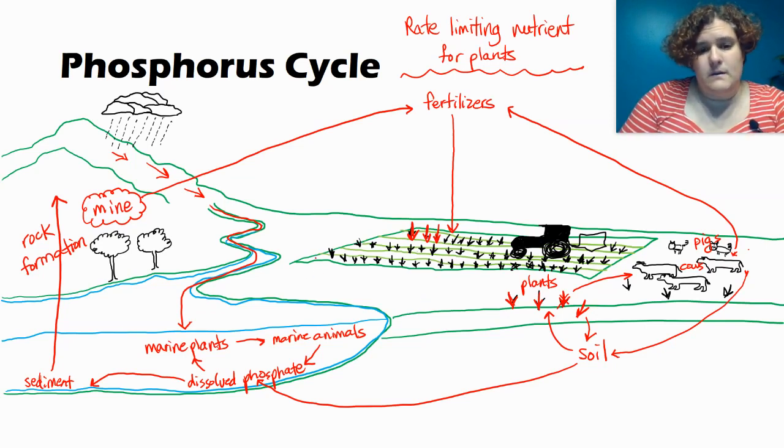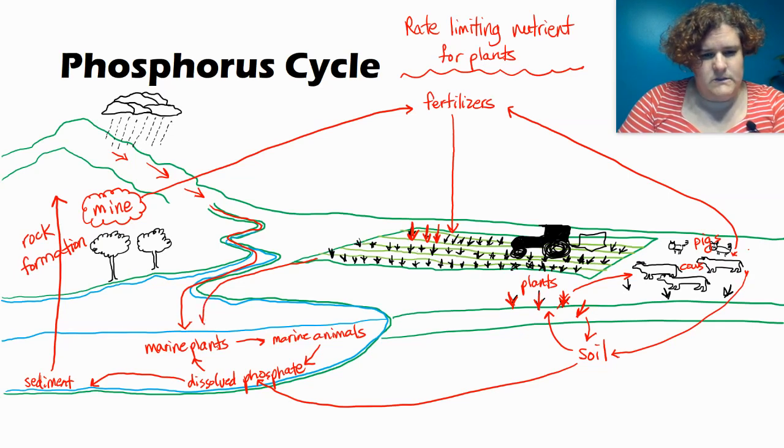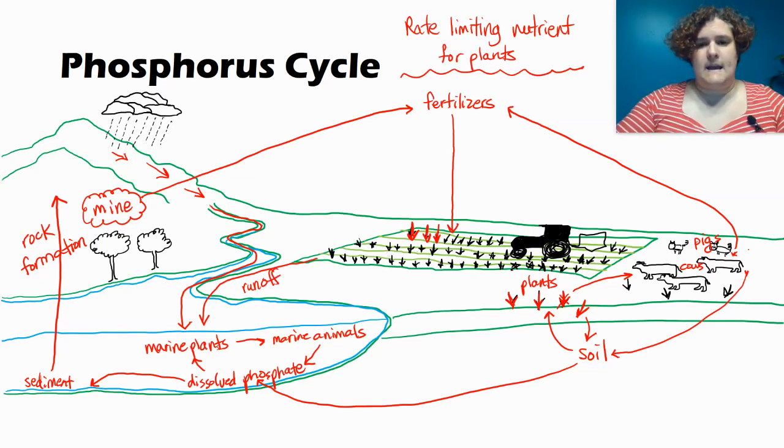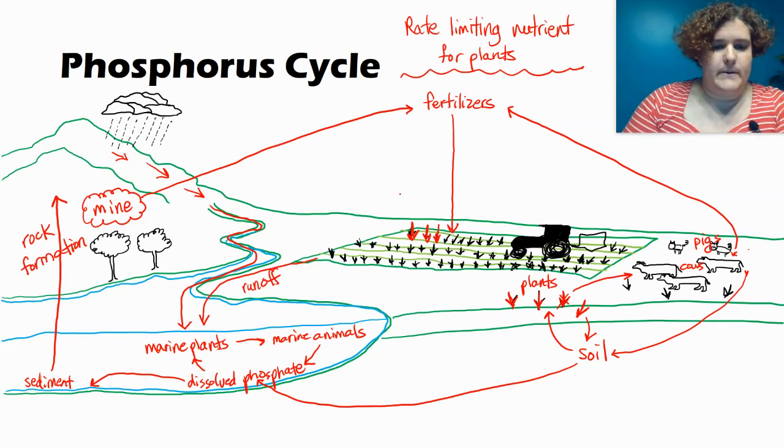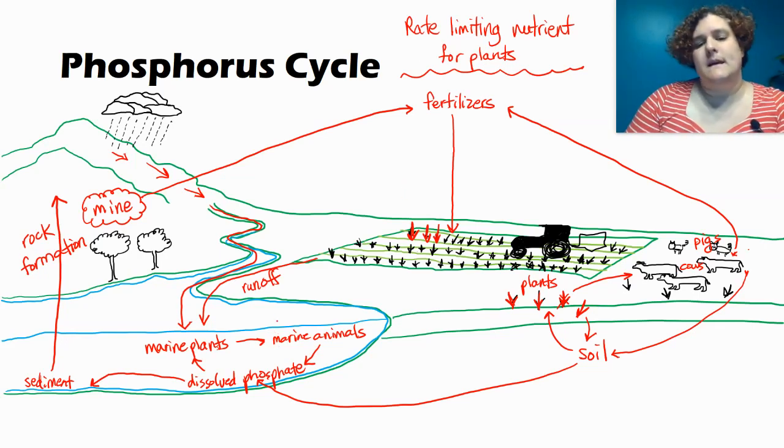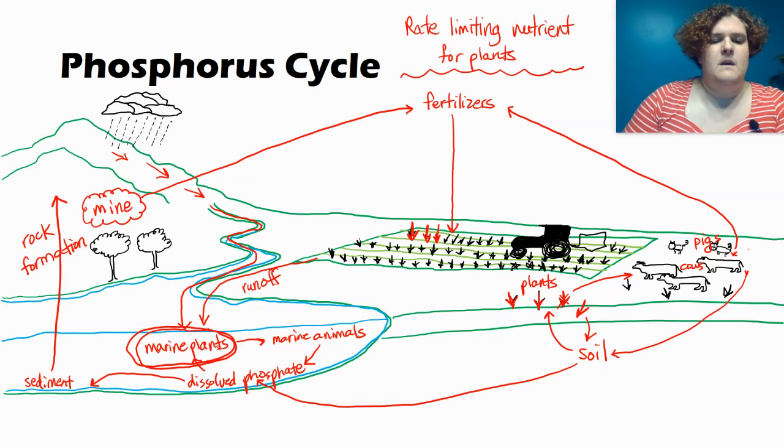And that's good. But then when it rains, any extra is going to cause what we call runoff. And that just means that phosphate gets washed into the water. And that might not sound like a big deal, but it is. It causes the marine plants to grow and grow and grow. And then the marine animals grow and grow and grow.